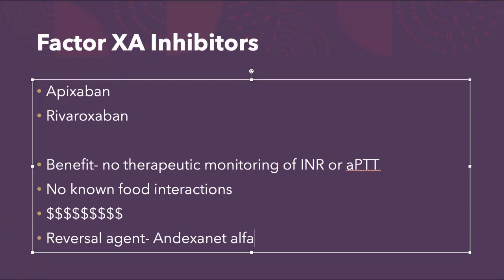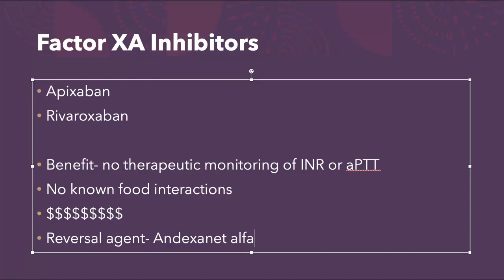Now, there are some options besides warfarin for patients. Factor XA inhibitors like apixaban, which you may know as Eliquis, or rivaroxaban, which you may know as Xarelto. The benefit of these medications is there is no therapeutic monitoring for an INR or APTT.